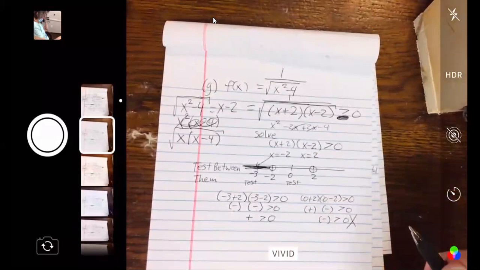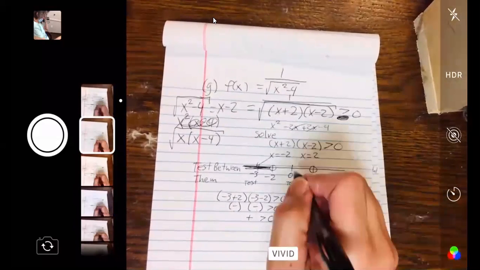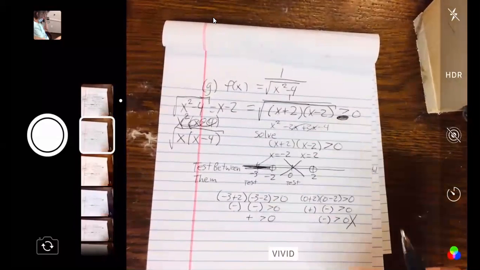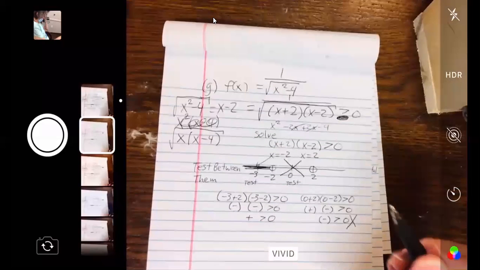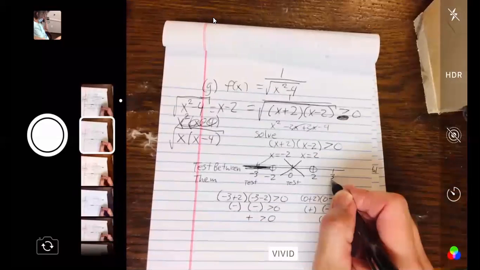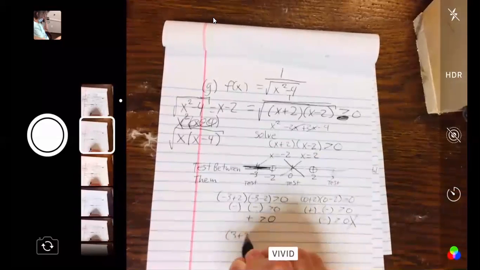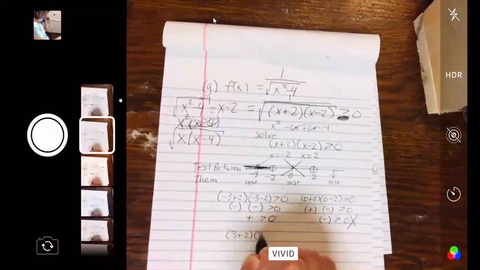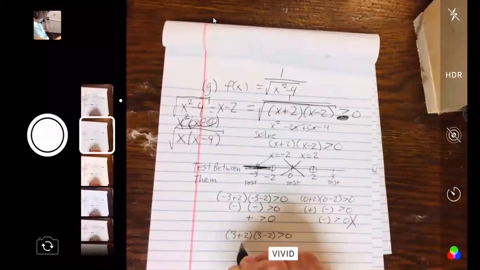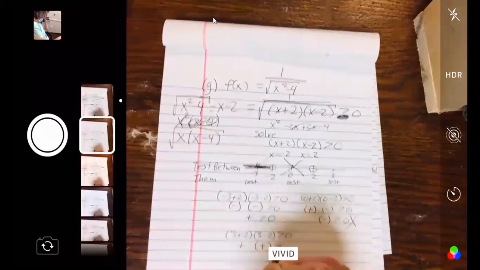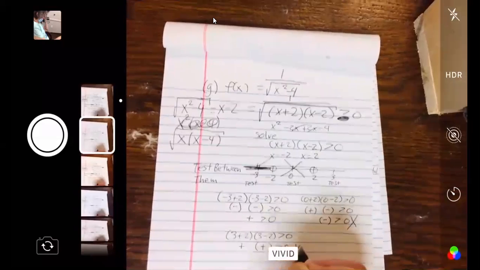Was that too fast? No, I'm right there with you. All right, good. So that does not work. So I guess we'll try, say, 3. 3 plus 2, 3 minus 2. Yeah, 3 plus 2 is positive. 3 minus 2 is positive. Greater than 0, yes.